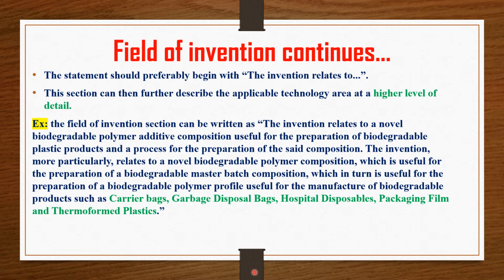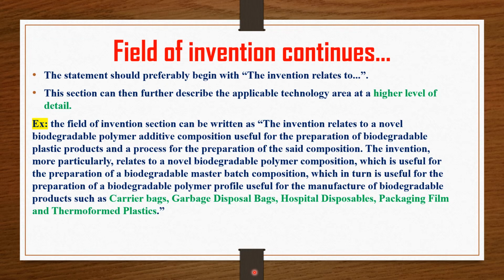So for example, the field of invention section can be written as: the invention relates to a novel biodegradable polymer additive composition useful for the preparation of biodegradable plastic products and a process for the preparation of the said composition.